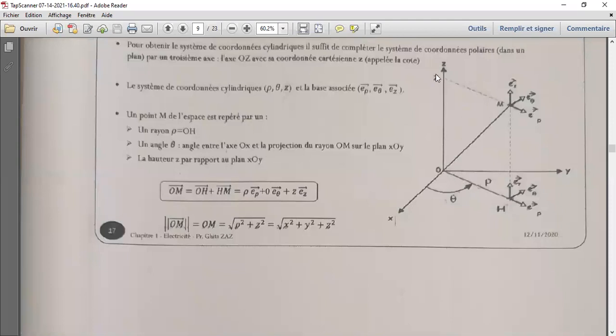So the line ZM is parallel to OH. Then I just draw a vertical line which is parallel to Z, and where they meet, I have a point M. So for me to have my point M, I always need a certain angle. So you can never remove theta. Theta must always be there. I don't know if it's clear.